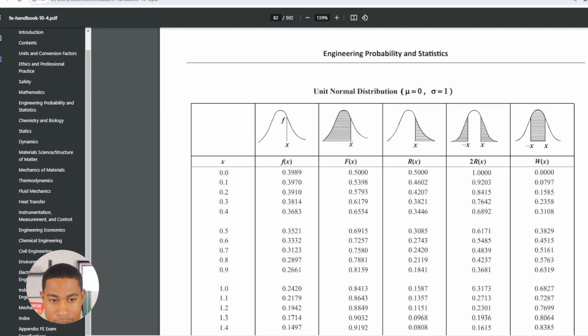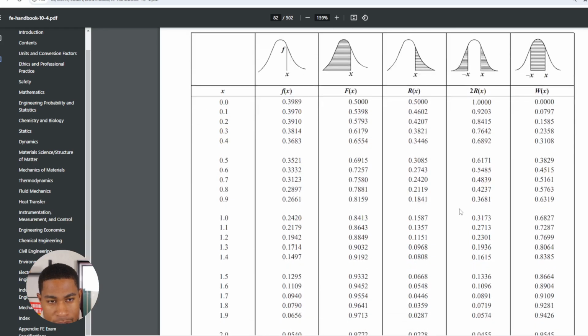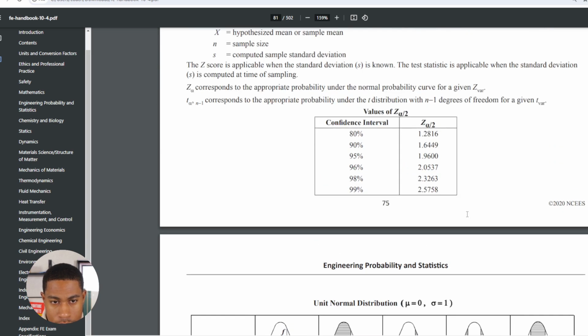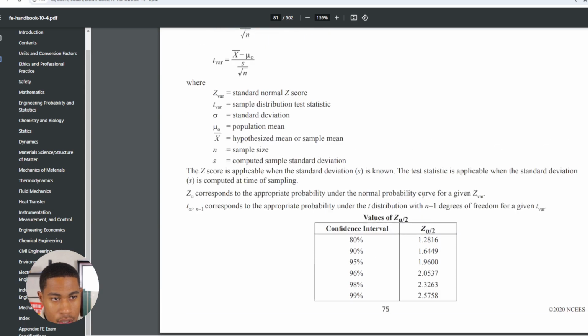Whatever this threshold is, 5 touchdowns and back, that covers that data. They may say what quarterbacks throw either below 5 touchdowns or above 20 touchdowns a year, and so that covers this. And then between 5 and 10 touchdowns, this covers that. So that's how you want to be able to read these charts as you're going through. And I do practice problems as well, so you can check those out in a separate video. All right.